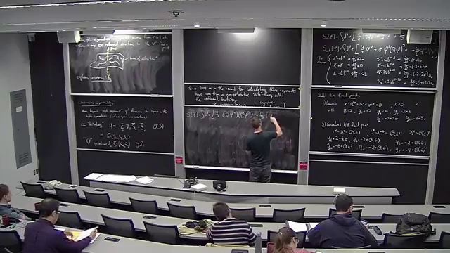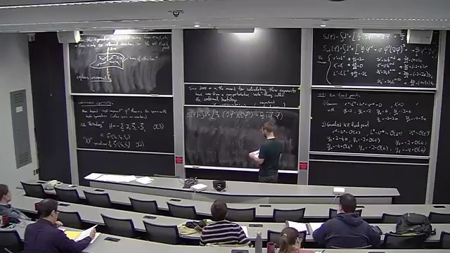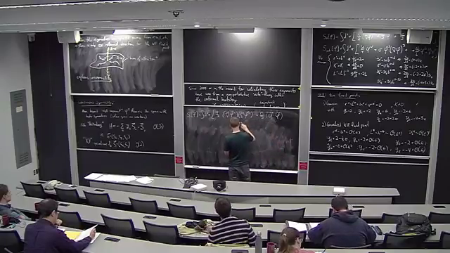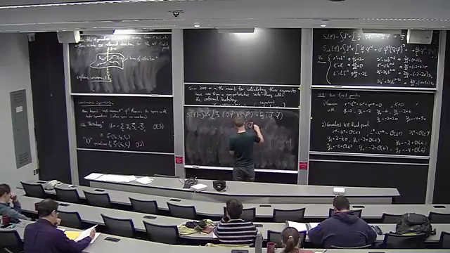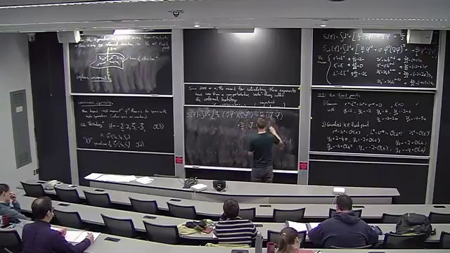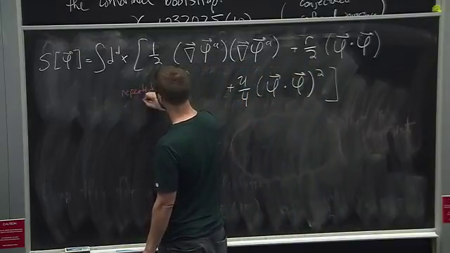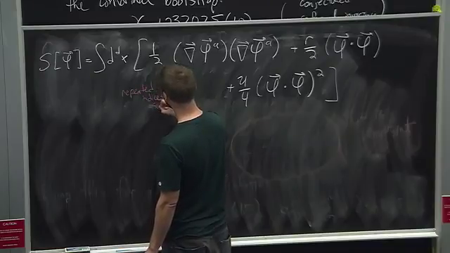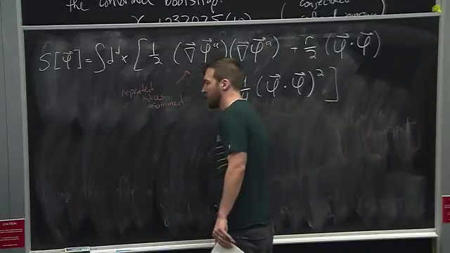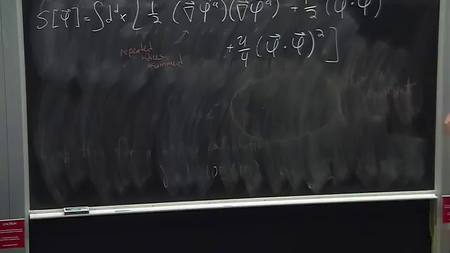And again, the dot product is the scalar quantity that we write for this theory. So that's what I call the O(N) model.